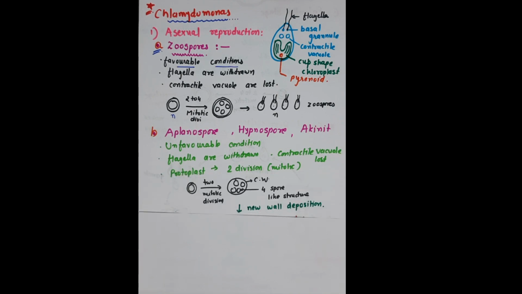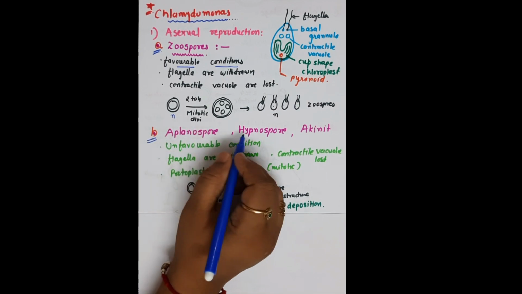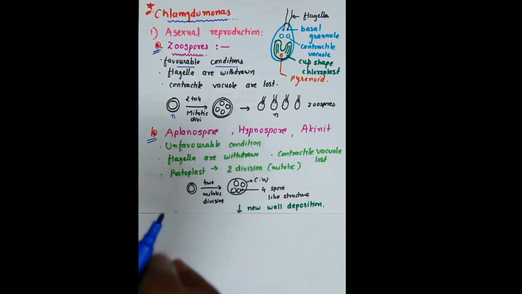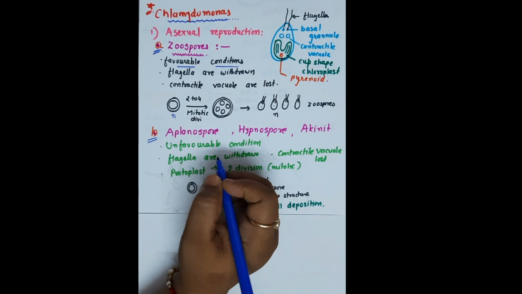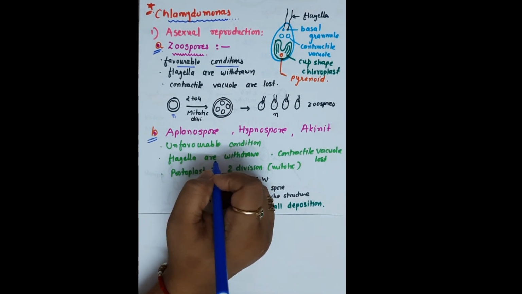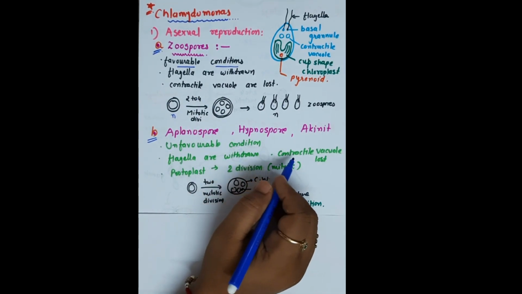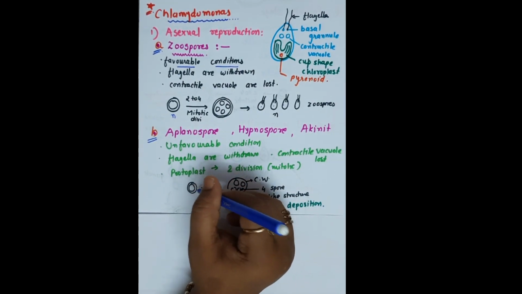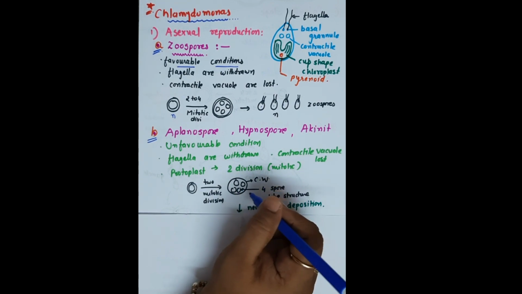Now the second type is aplanospores, hypnospore or echinite. These spores are formed when conditions are unfavorable. When conditions are unfavorable, this is formed. Here, same as zoospores, flagella are withdrawn, contractile vacuole lost, and then the protoplast divides by 2 mitotic divisions.